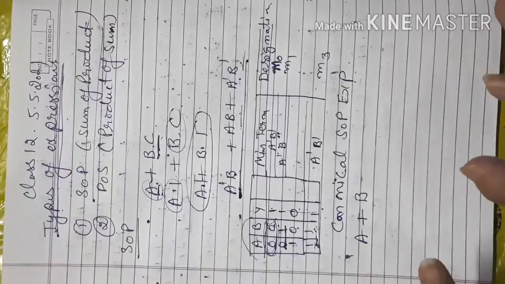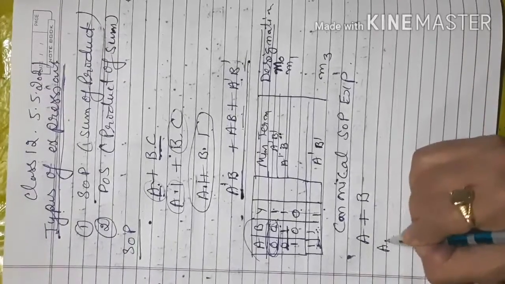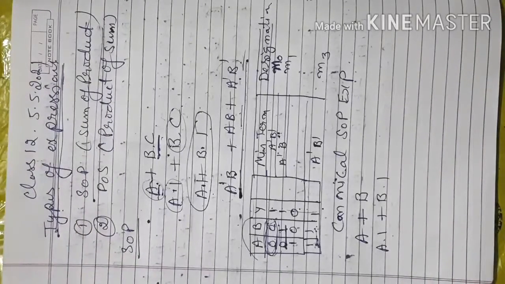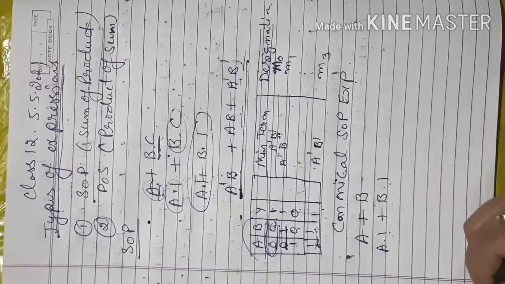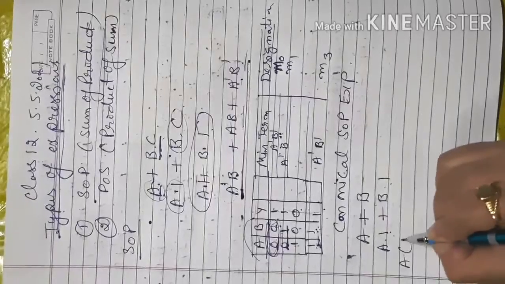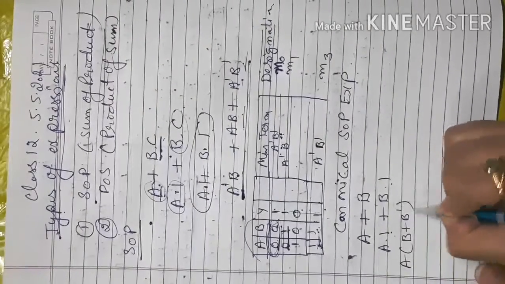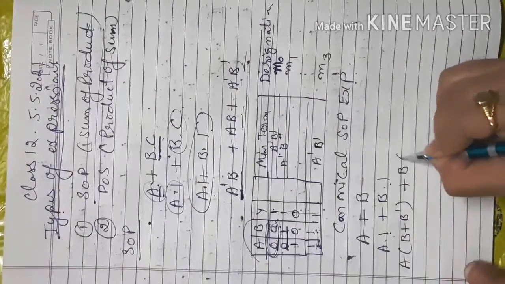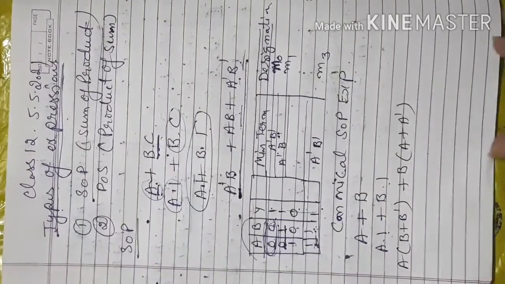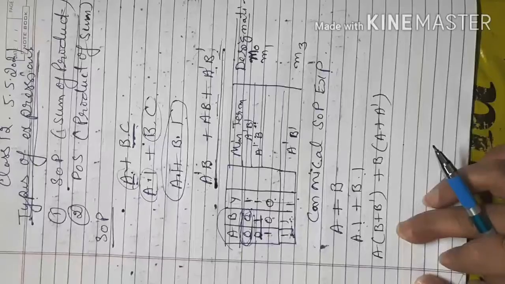So I consider it as 1 and 1, but I want the proper variable. When you convert this into 1, you replace it with the missing variable, like B or B complement, and I convert this one as A or A complement, because A was missing here and B was missing here.